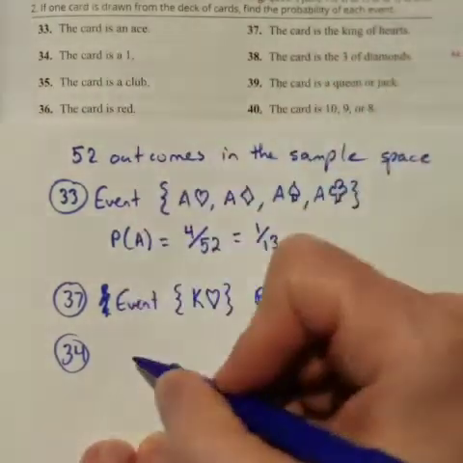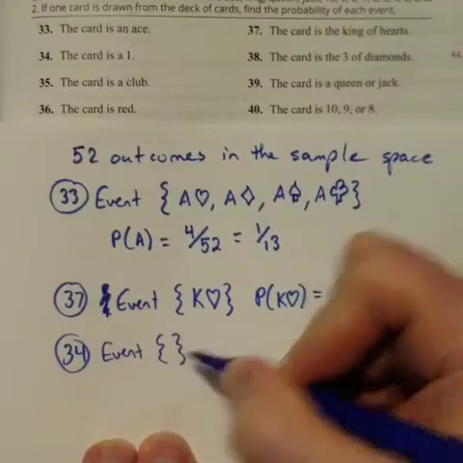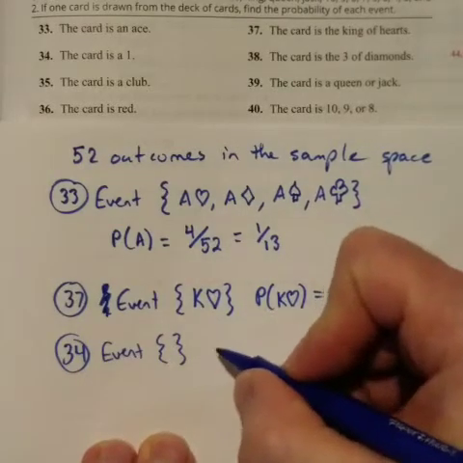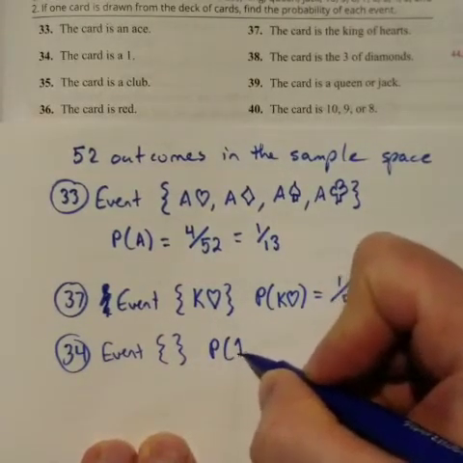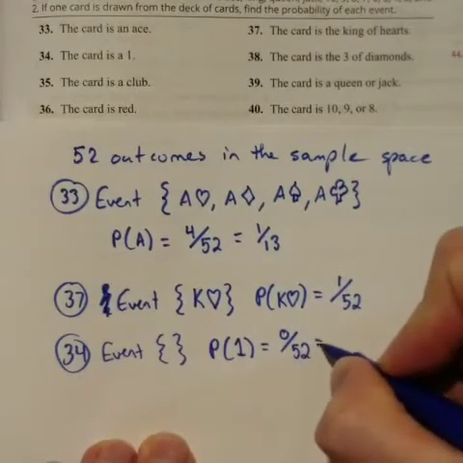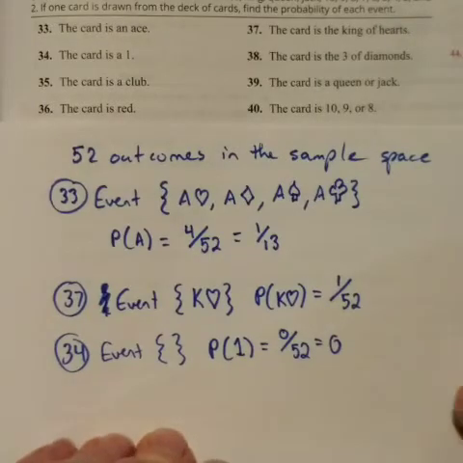Because there is no card 1, the event is the empty set. There is nothing in the event. And so the probability of getting a 1 is 0 out of 52, or 0. There's a 0% chance, a 0 probability that you'll get a 1 as your card.